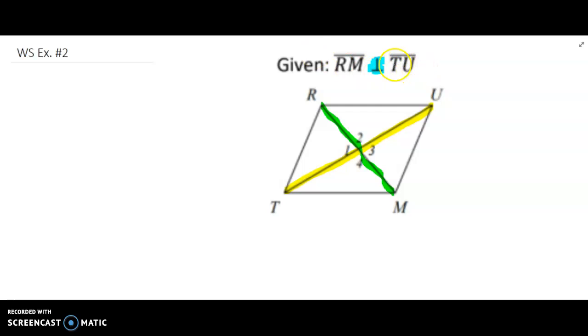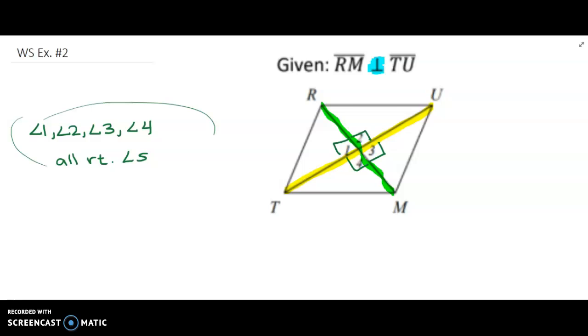Well, if you recall, when two things are perpendicular, that means they cross at a 90-degree angle. So I can say that angle 1, angle 2, angle 3, and angle 4 are all right angles. Okay, so I've highlighted it, I've marked it with the squares, and now I've written it.